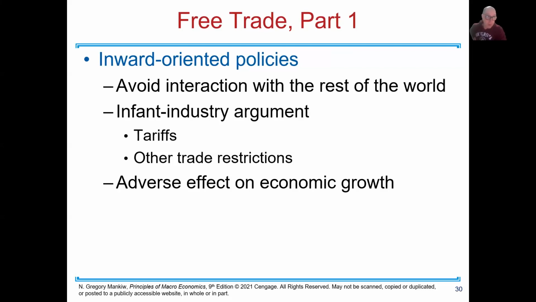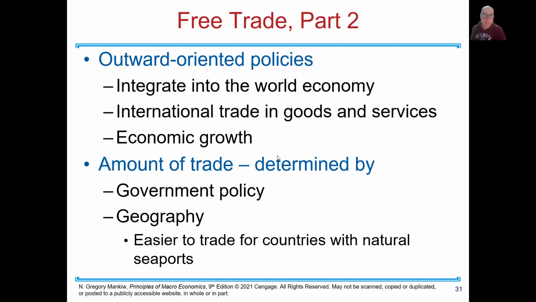However, it oftentimes also leads to higher prices. Now, of course, free trade also encourages imports and exports, which sometimes conflict with the strategic plans of the economies.